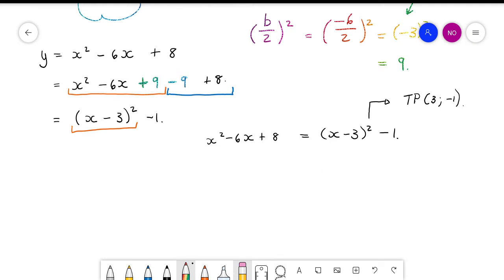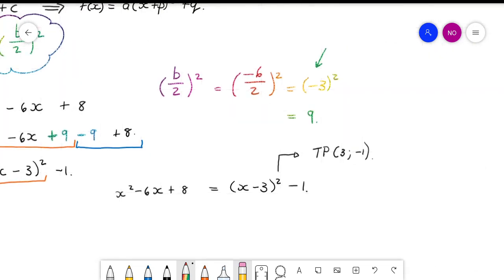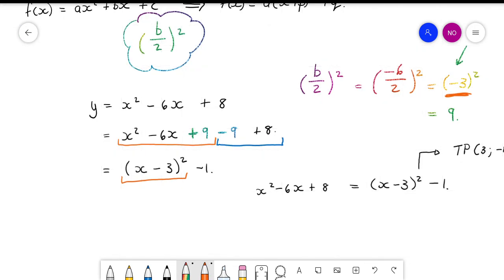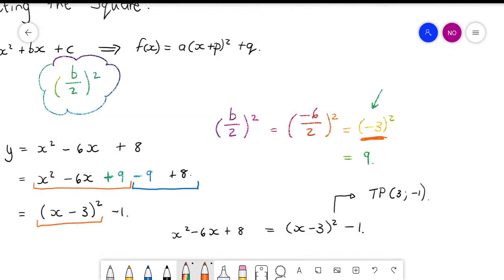Now I quickly want to show you another trick. As jy daai stappie daar gehou het, whatever is written there will be the thing that you write in the bracket with the x. So sien julle my hakie is x minus 3 kwadraat, minus b divided by 2 will always give you that thing that you need in the bracket. So as jy sy teken reg ingestel het en alles, dan hoef jy nie nog te gaan en dit te gaan factoriseer nie.